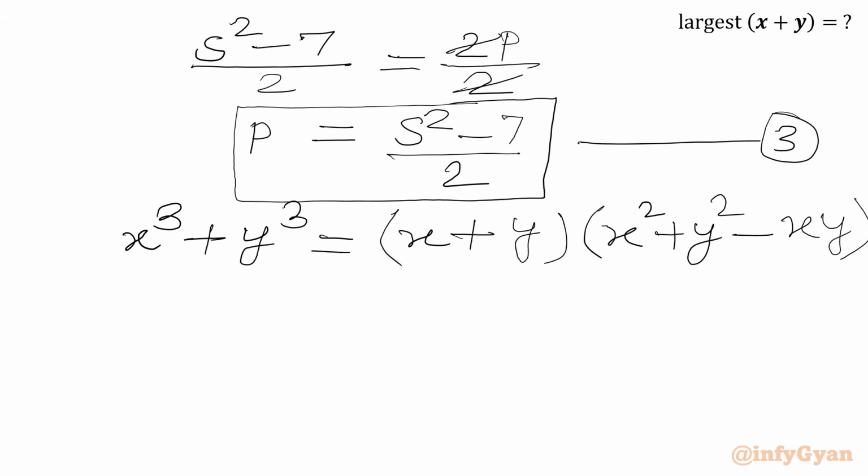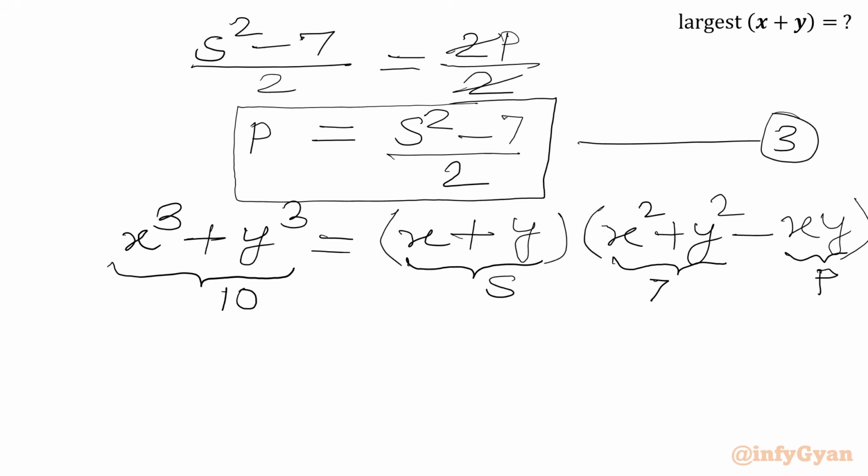Now in place of x cube plus y cube, we will write 10 as per equation number 2. x plus y is S. x square plus y square, equation 1 value, is 7. x times y is equal to P. So I can write 10 equal to S times 7 minus P.